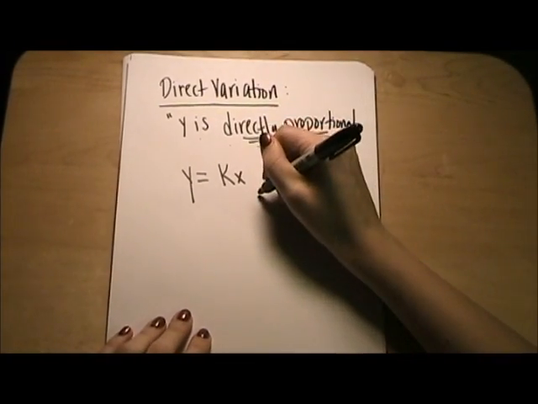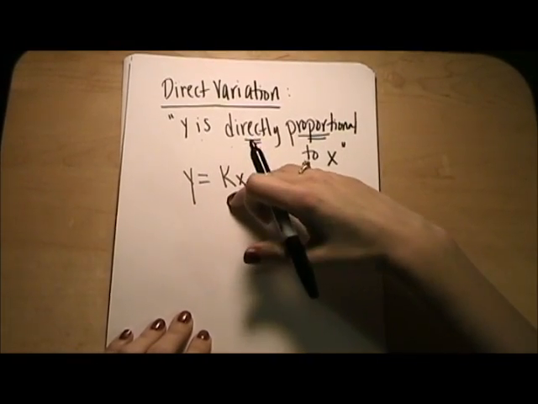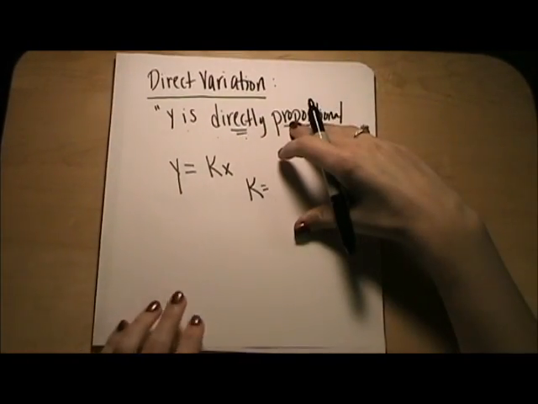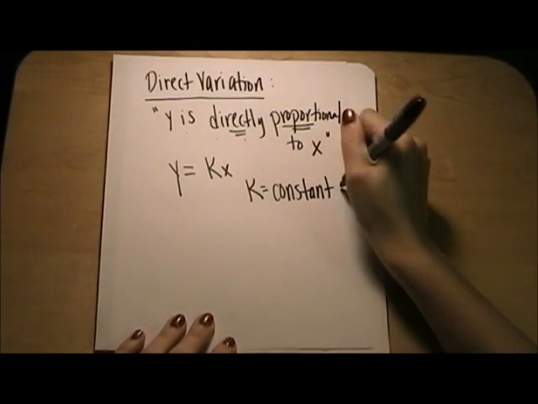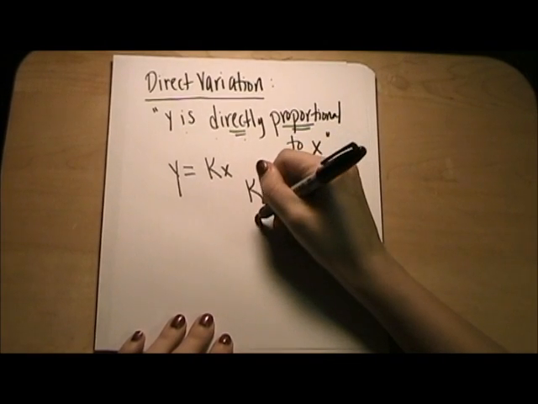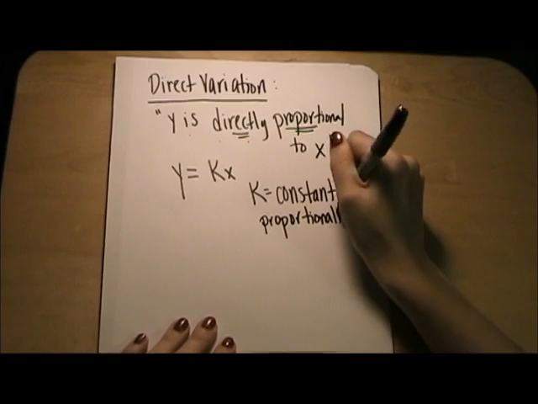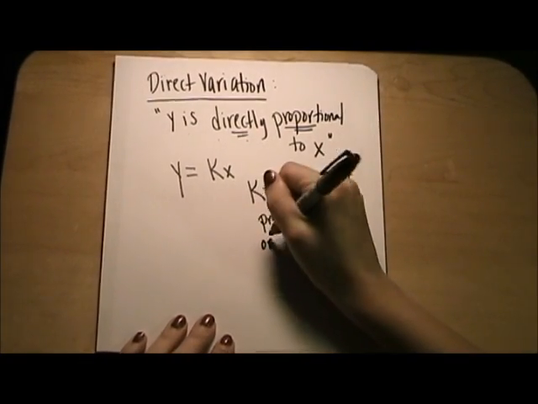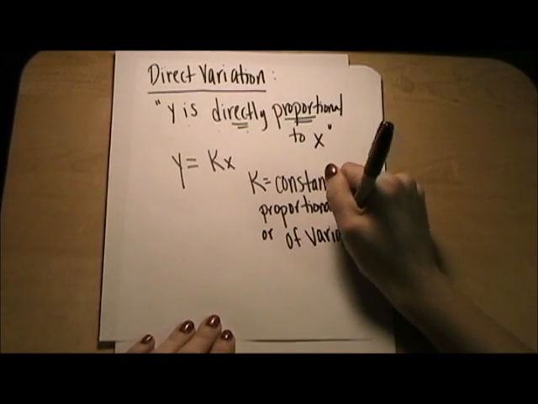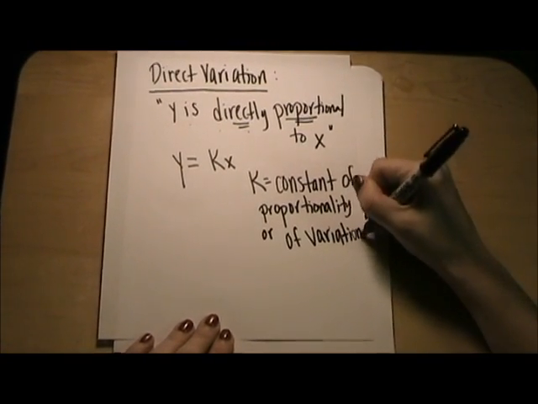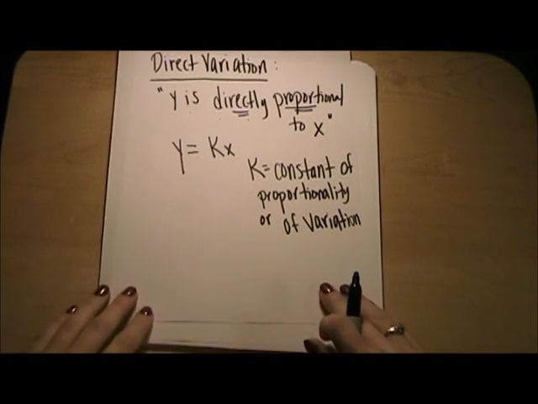And then our k, for a direct variation, k is the slope, but we also have a special term for it, and it's the constant of proportionality, or of variation. So k is the constant of proportionality or the constant of variation.